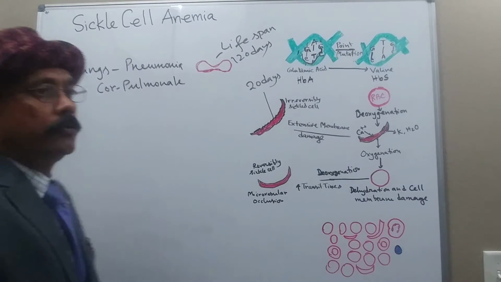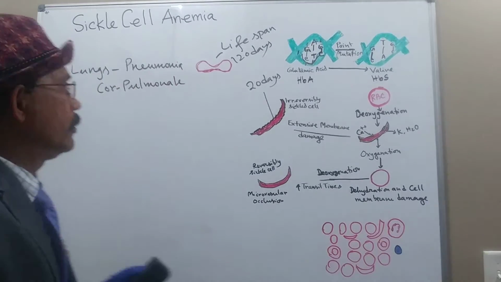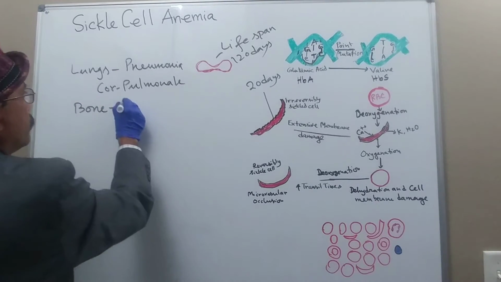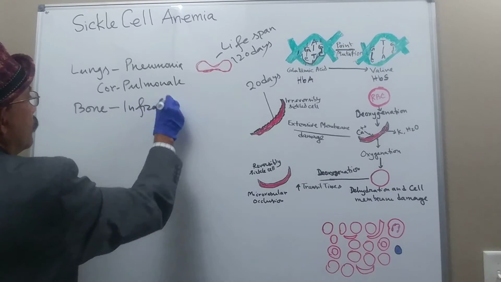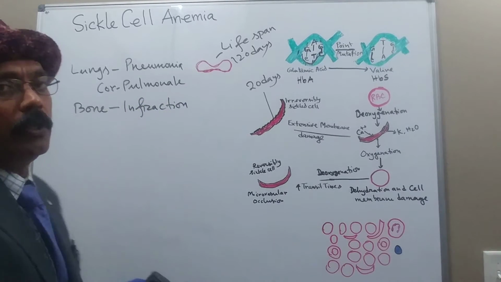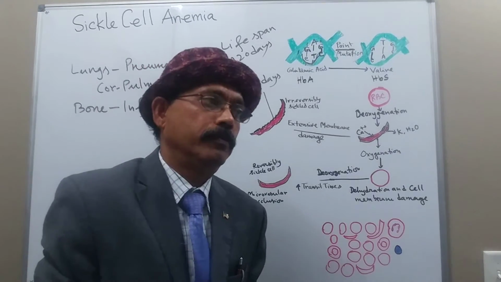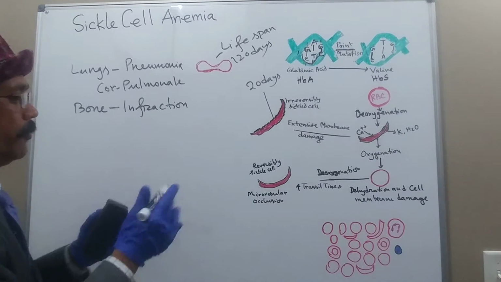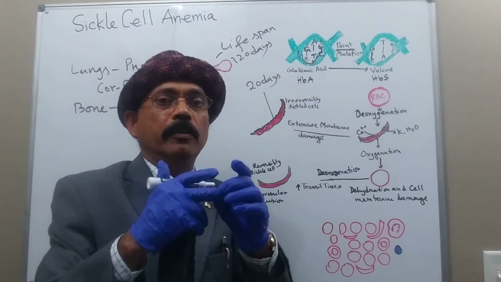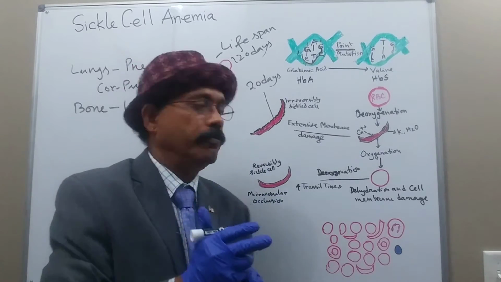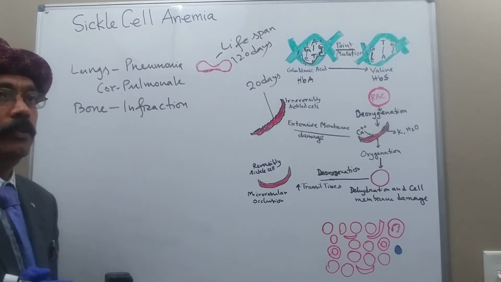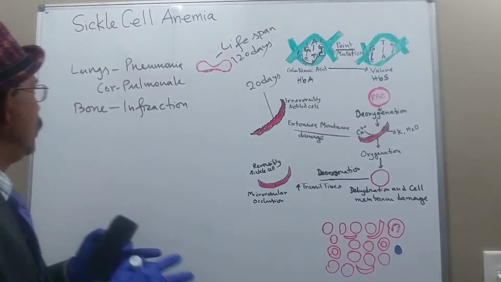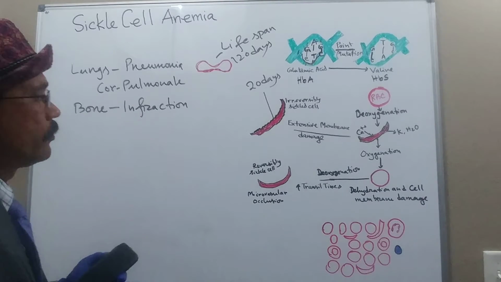Bone may go through infarction that may mimic osteomyelitis. So bone also has pain. In the case of children, there will be pain in the joints at the periphery. So that is a problem in the involvement of bone and joints.